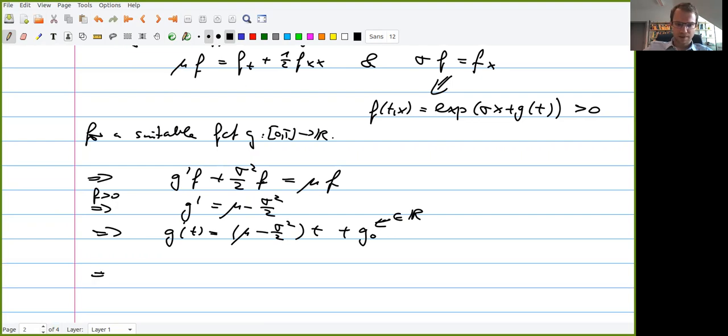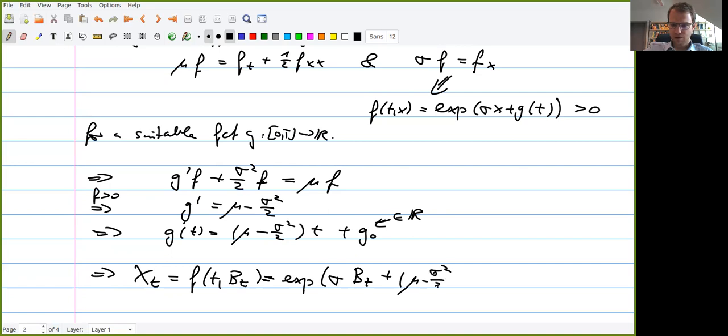Right, so what I want is, my x is the solution if I choose f to be the exponential of sigma times B_t plus (mu minus sigma squared over 2) dt, plus a constant g0.